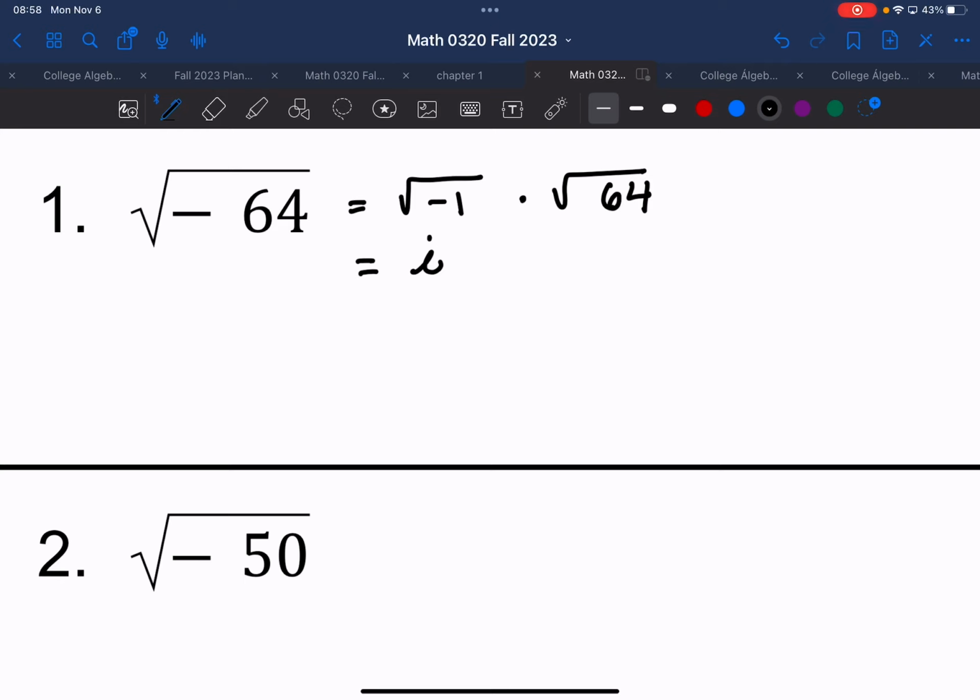And then we know that the square root of 64 is 8. But just like with variables, we always want to write that number first. So the answer is 8i.